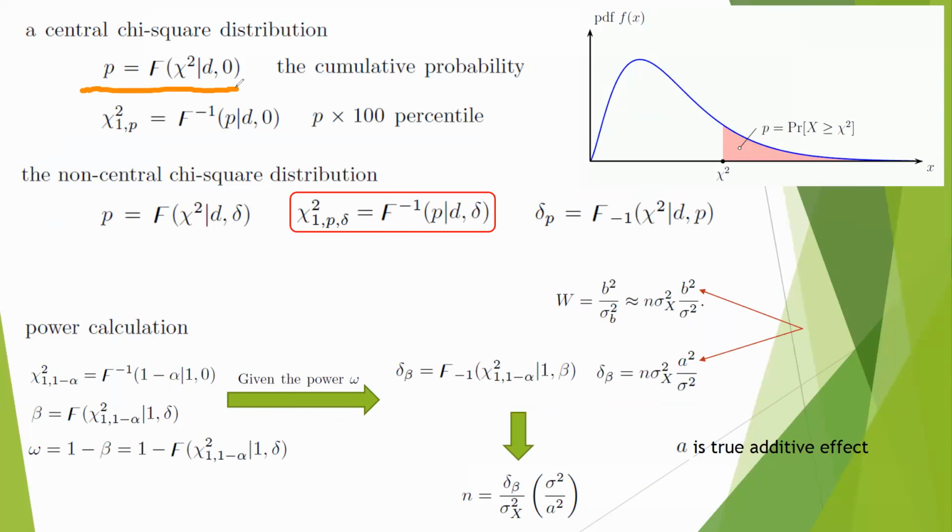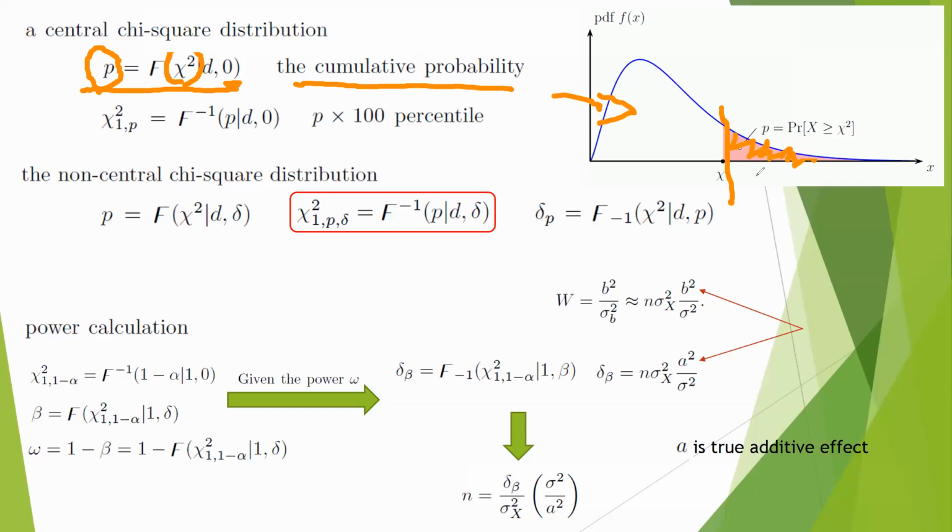Here is the same. We can use R to help us calculate the probability or the cumulative probability given a specific chi-square statistic, if this is a central chi-square distribution. So we can calculate the area under the curve on the right-hand side.